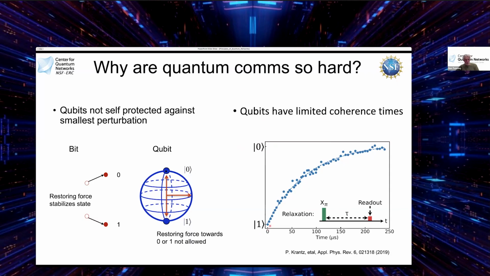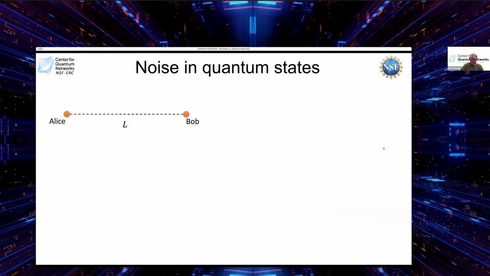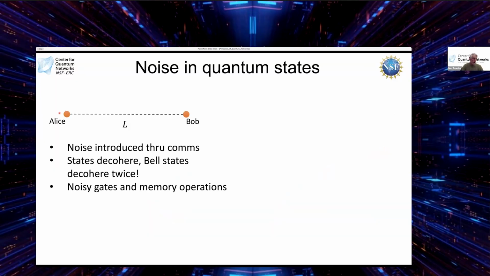What will happen over time is that the system will want to go back to the ground state that zero belonged to, as we see in this curve right here. And so if we look at Alice and Bob, L kilometers apart, we have noise introduced through the communications. The state can decohere. And what's awful with Bell states is that Bell states include 2 qubits, so they decohere twice as fast.